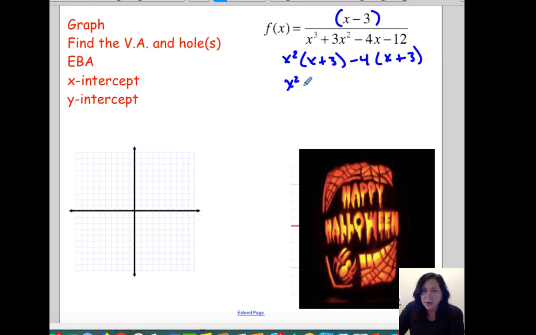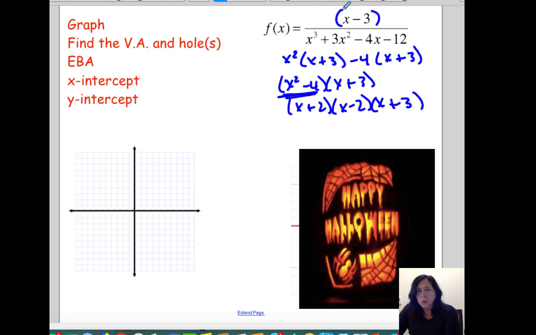I get x squared minus 4 times x plus 3, and then I'm going to have x plus 2, x minus 2, because that's a difference of 2 squares, and then I'm left with x plus 3. So it doesn't look like anything's canceling out because I have an x minus 3 on the numerator, but an x minus 2 down here. So don't mess with that.